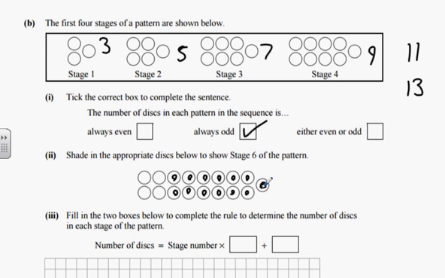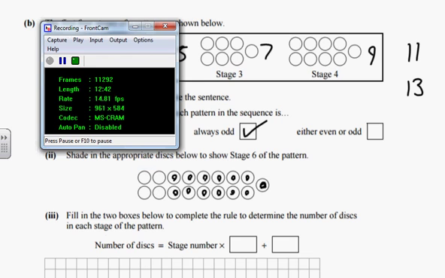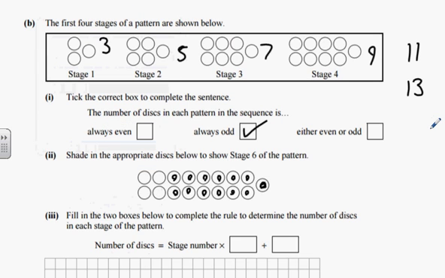Fill in the 2 boxes below to complete the rule to determine the number of discs in each of the patterns. What's the rule? Stage number multiplied by 2 plus 1. I just want to check something for a second. If it's a stage number of 1, how do you figure out that it's 3?